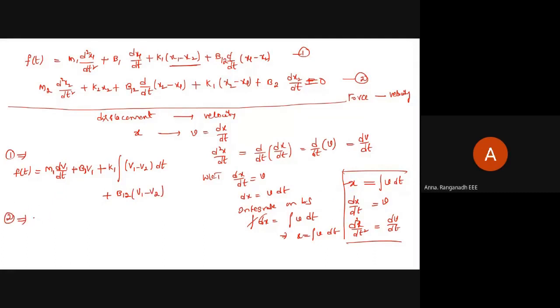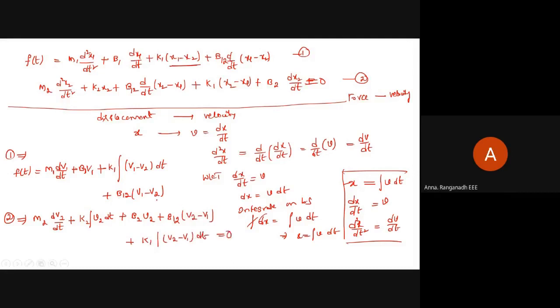M2 into dv2 by dt, plus k2 integral v2 dt, plus b2 into v2, plus b12 into v1 minus v2, and for x2 minus x1 means integral v2 minus v1, plus k1 integral v2 minus v1 dt, equals 0.